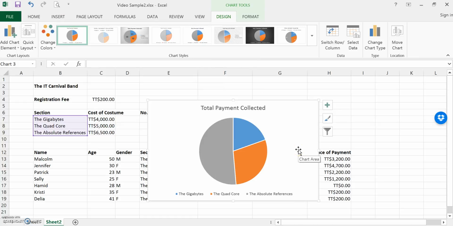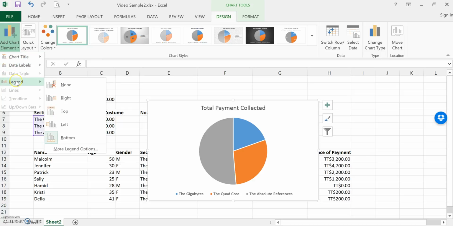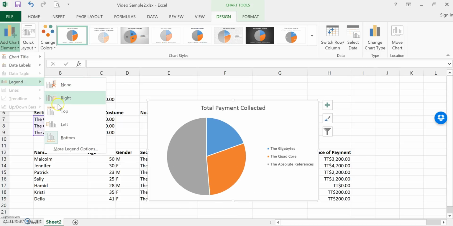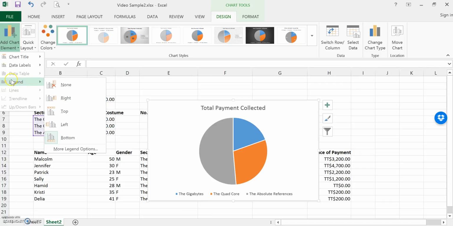So this is our pie chart that was generated. It's giving us some information, but we can actually get more information out of this. If I go to the chart elements, I have a chart title that's already existing. I have a legend that's existing at the bottom of the chart, but I can place it in different positions wherever I like.